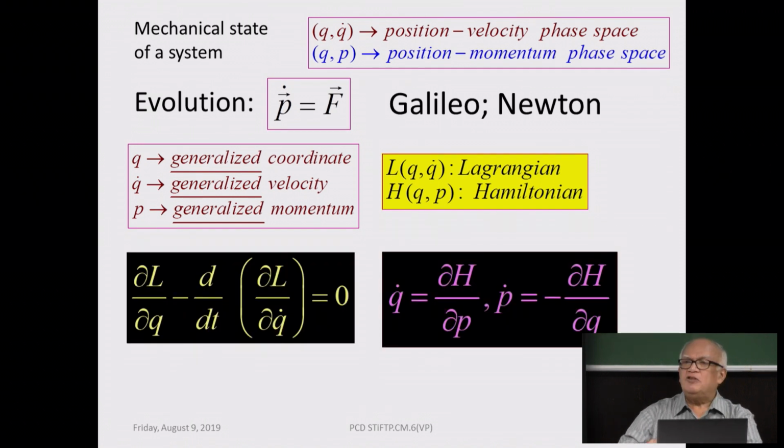So these are the equations of motion. Just like F equal to dp by dt, we are going to get these equations. This is the equation of motion which tells you how the system evolves with time. So how is the system described? It is by position and velocity or position and momentum. How it evolves with time is given by the Lagrange equation, which is the equation on the left, or by Hamilton's equations, which are the rate equations, and you have the time derivatives involved in these equations. It tells you how the system evolves with time.